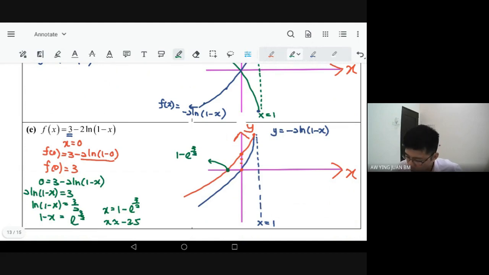So, akhirnya jangan lupa, iaitu fx is equals to 3 minus 2 ln 1 minus x. Graf untuk yang warna merah itu. So, akhir sekali, range untuk f ini adalah negative infinity until positive infinity. So, begitulah ya cara untuk sketch graph untuk ln atau logarithmic function.